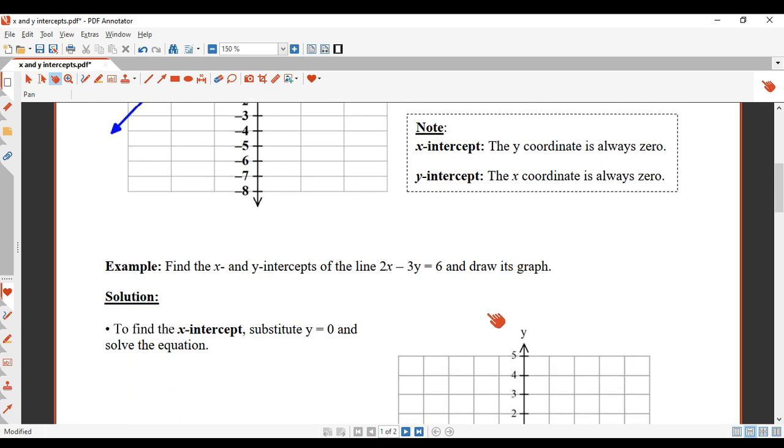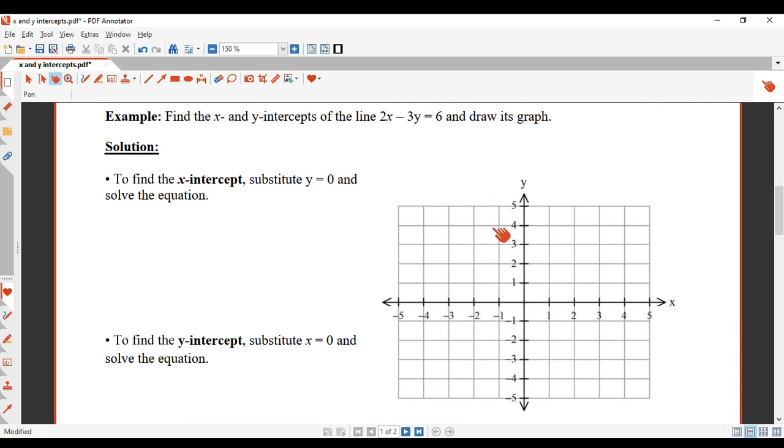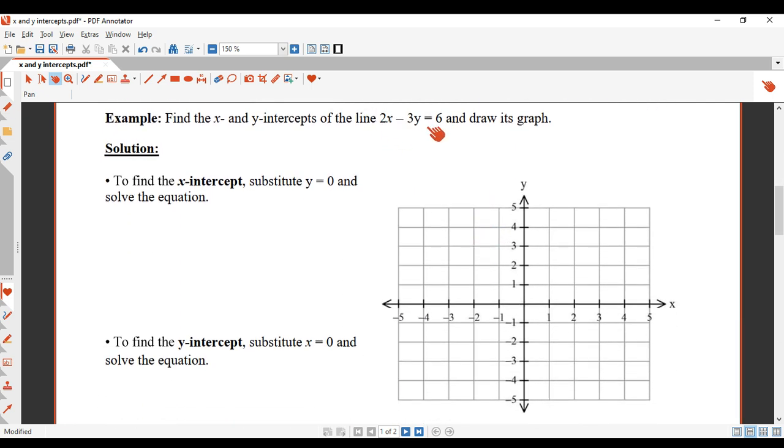So let's put that into action. We're going to sketch this function here, 2x minus 3y equals 6, by finding the x and the y-intercepts. Now, step 1, to find the x-intercept, substitute y equals 0 into the equation. So here's my equation. I'm just going to put y equals 0 here.